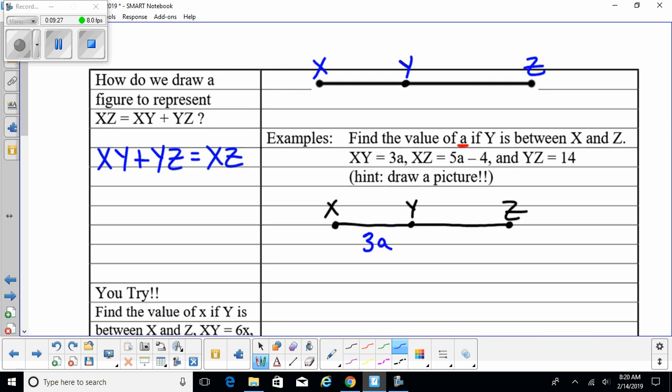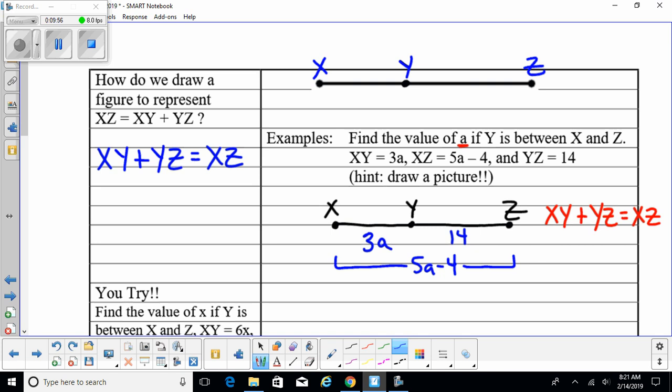They tell me that XZ, the whole thing, is 5a minus 4. And then they tell me YZ is 14. Well, at least there's a number there for me. I'm going to use the same concept I've been using, where I do part, which was XY, plus part, which is YZ, is equal to the whole thing, which is XZ.